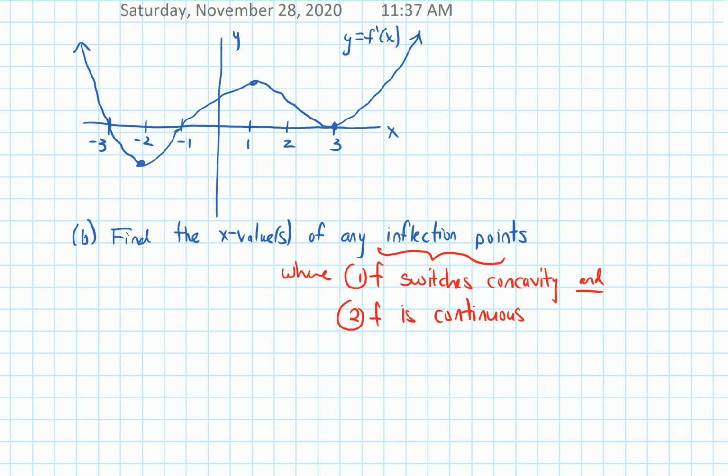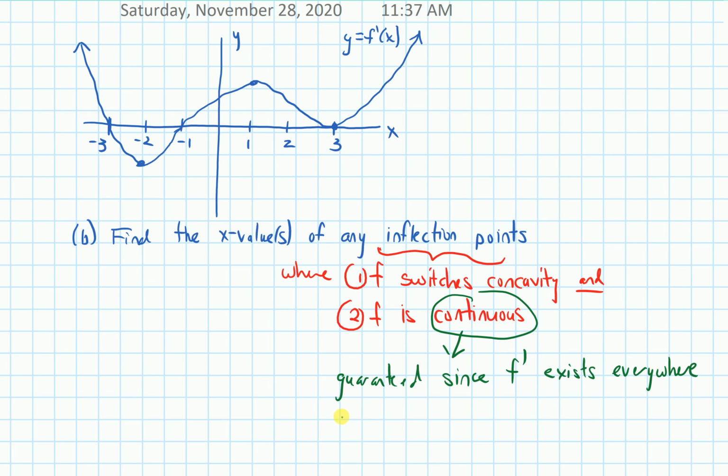Okay. So our function being continuous is actually guaranteed in this example. This is guaranteed since we are given the graph of f prime, and f prime exists, it's defined everywhere based off of the graph. And when f prime exists, that means f is differentiable.